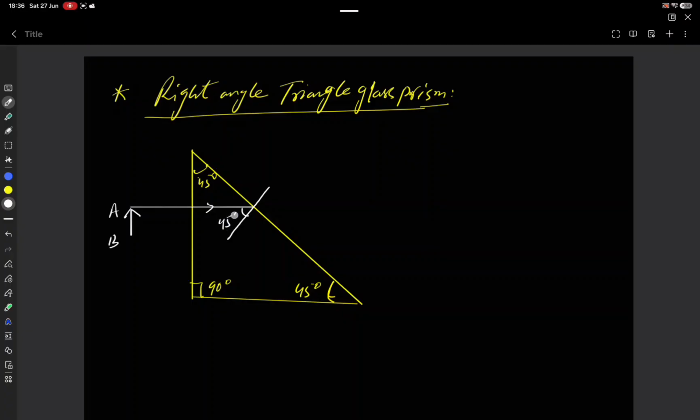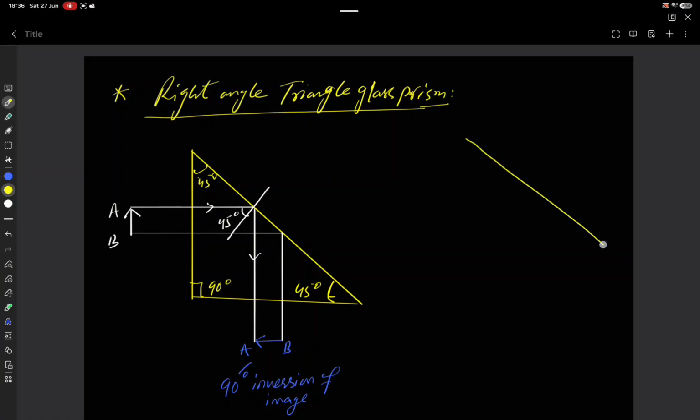Mostly the critical angle of the glass is 42 and this is a 45 angle of incidence. So what will happen? Total internal reflection happens. So what we have done, this is a 90-degree inversion of the image.